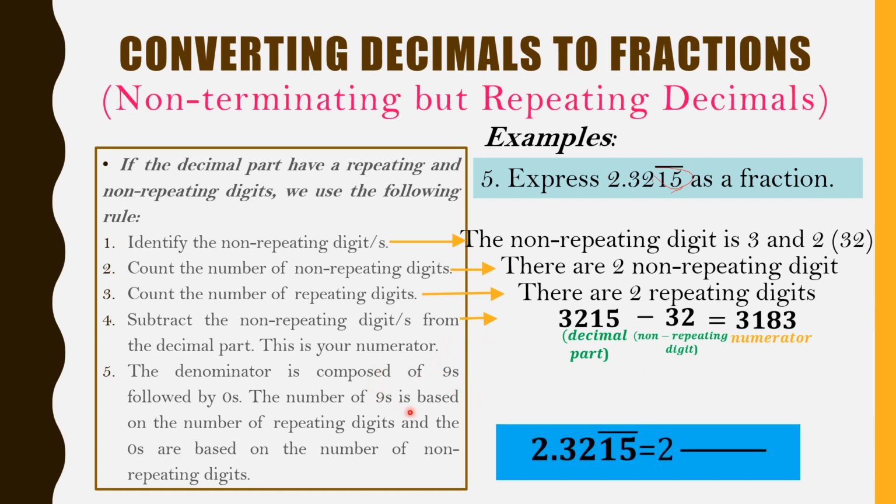And then the denominator is composed of the 9s, the number of repeating, and then the zeros, the number of non-repeating. So the denominator is 9900 because we have 2 repeating and 2 non-repeating decimals. So here is our final answer. The equivalent of this decimal is 2 and 3183 over 9900.